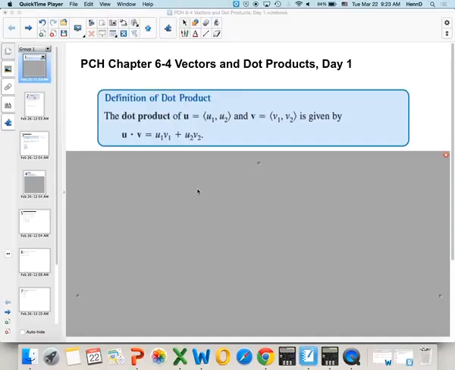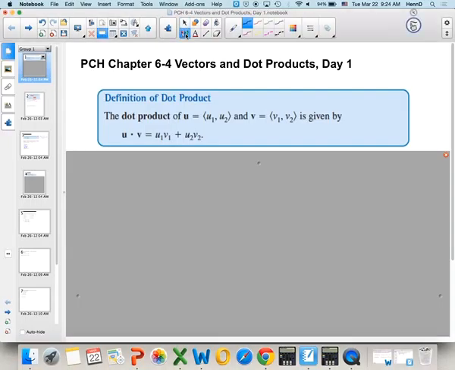Here's our definition for a dot product. If U has the components U1, U2, and V has the components V1, V2, then the dot product, the way you read this is U dot V, is the product of the horizontal components plus the product of the vertical components. And again, that will give you a scalar.